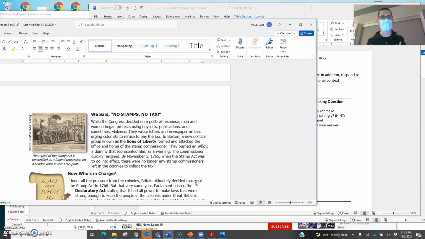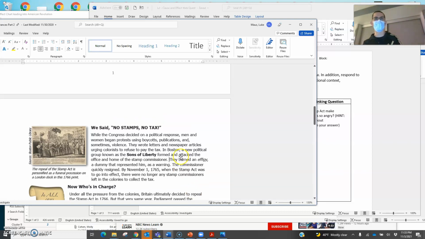In Boston, a new political group known as the Sons of Liberty formed and attacked the office and home of the Stamp Commissioner. They burned an effigy, that's a dummy that represented him, as a warning. The commissioner quickly resigned, or stepped down. By November 1st, 1765, when the Stamp Act was to go into effect, there were no longer any stamp commissioners left in the colonies to collect the tax.